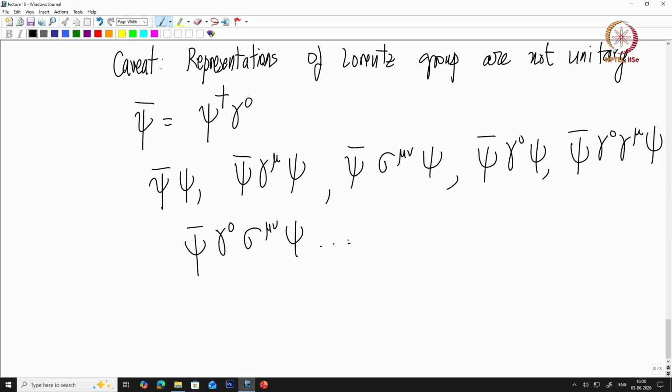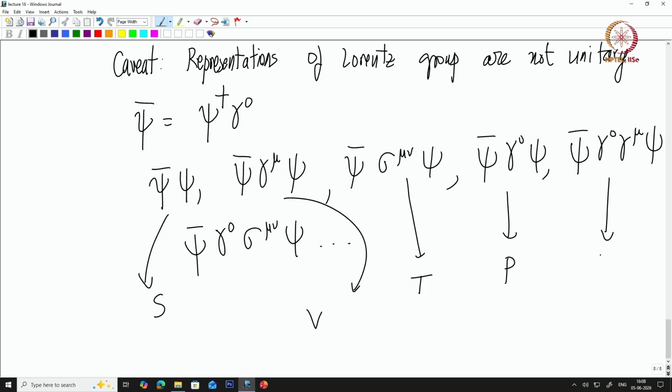Each of them has a name: scalar, vector, tensor, pseudoscalar, and axial vector. These are all things you already know.